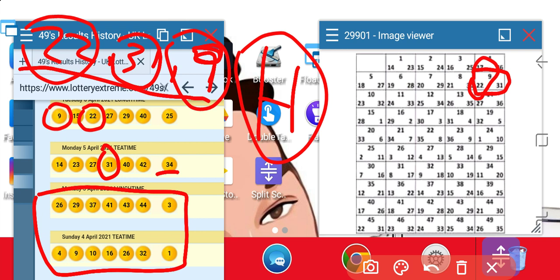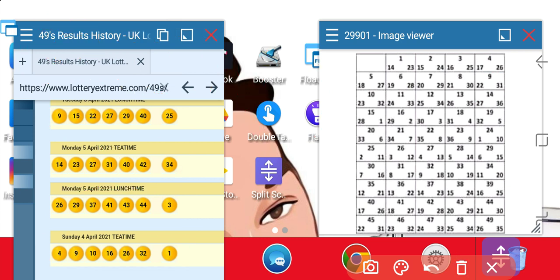Okay, let me prove this strategy for you, because I said we also prove it here. And guys, you have to follow all the instructions and all the steps that I showed you when I was doing the calculations. Don't forget, you have to use the bigger numbers when you start calculating your first number, and then after that you use the bigger number that you got when you subtract.